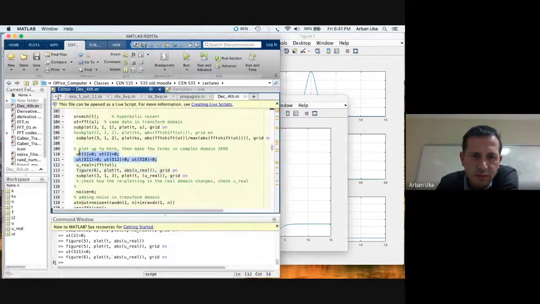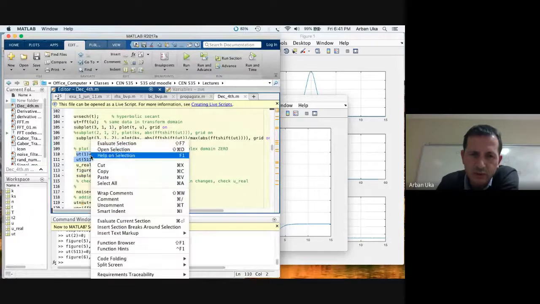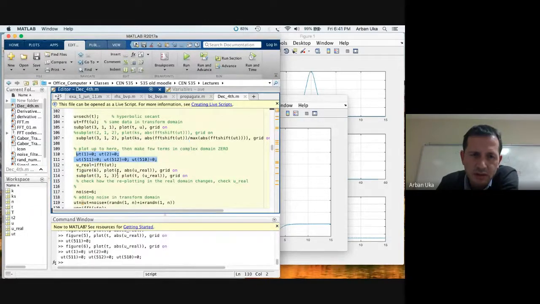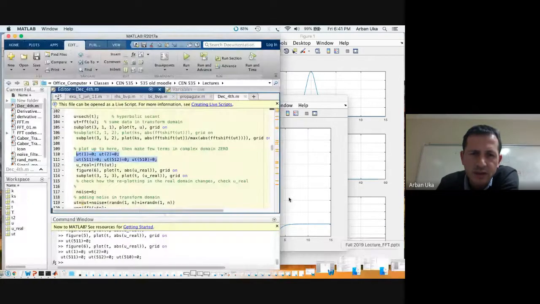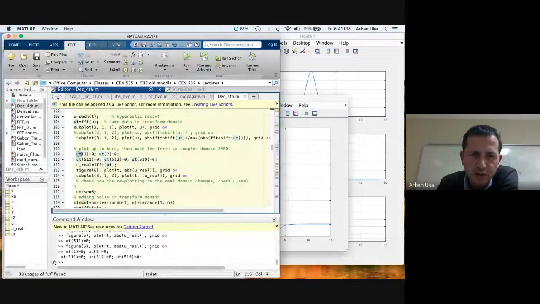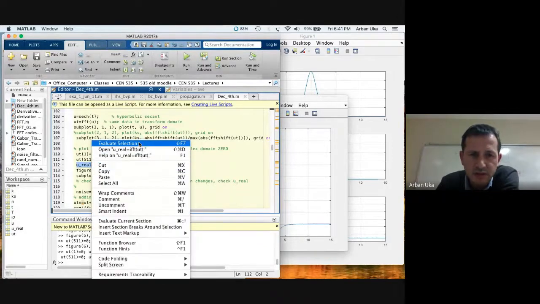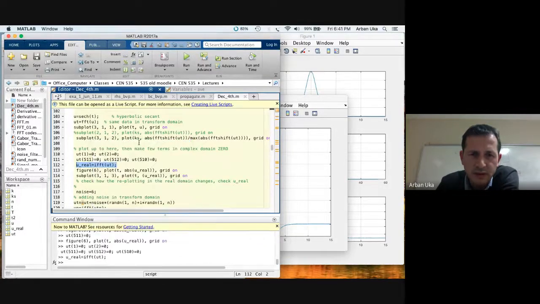Actually 5 and 6 are exactly the same, because we forgot to take the inverse Fourier transform. In the Fourier domain, we modified this ut a little bit, but now let's get the u real. That's why 5 and 6 are not different.